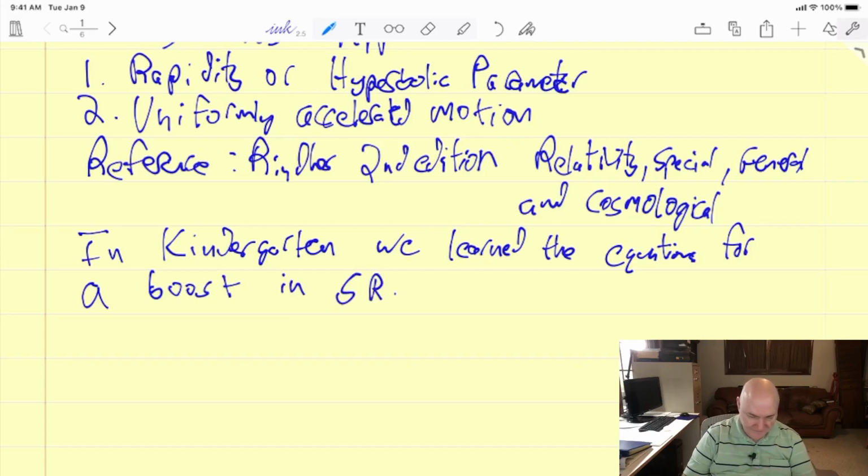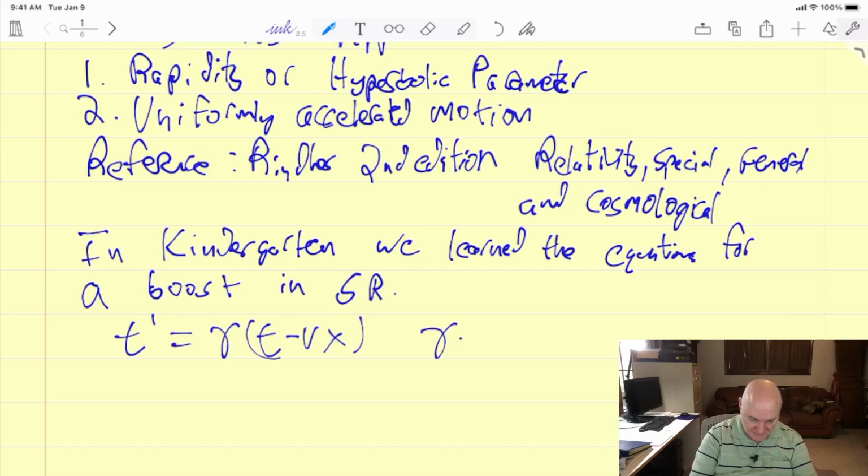So let me write down those equations. t prime equals gamma (t minus vx). Gamma is equal to 1 over the square root of 1 minus v squared. Remember, c is always equal to 1 in this course.